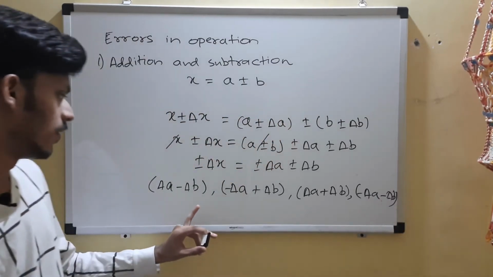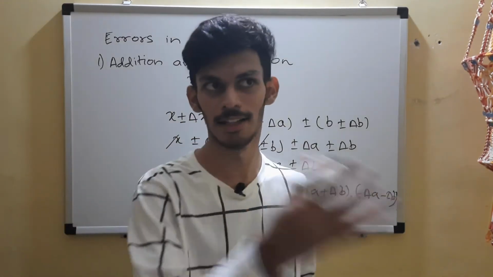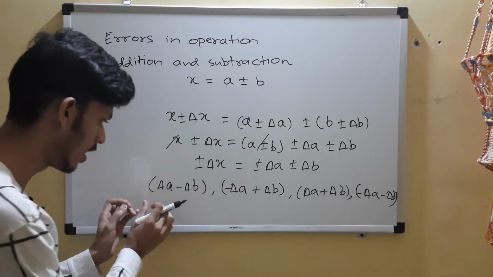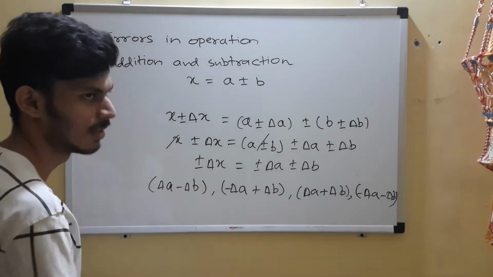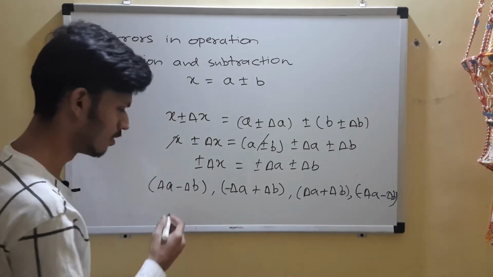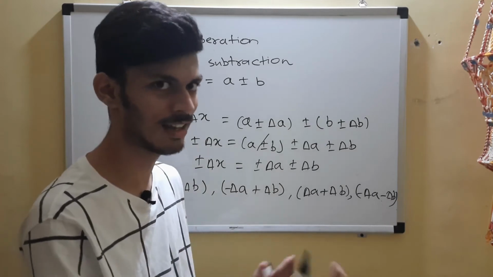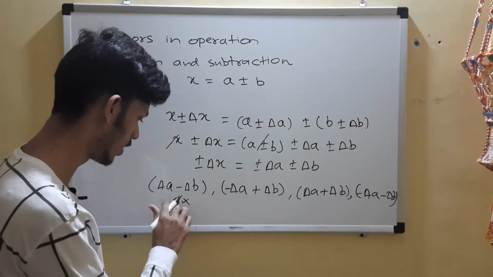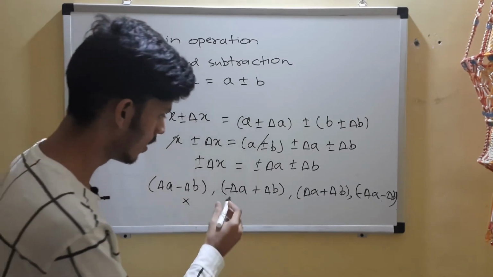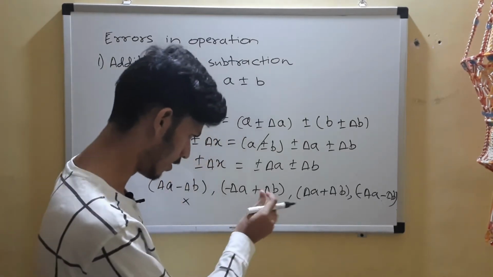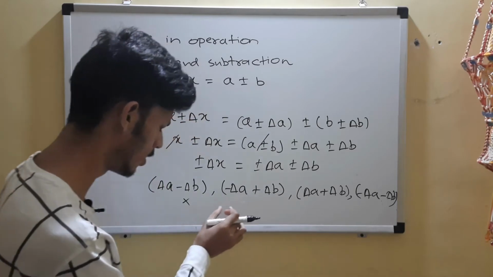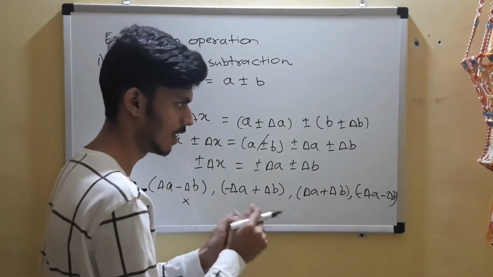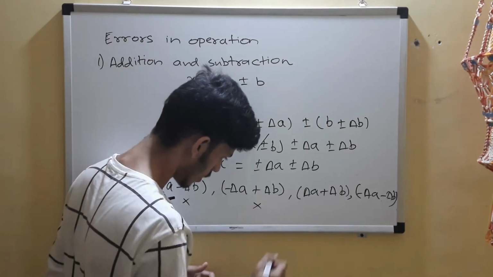But look out, which one do you think has contributed to the maximum error? Look at this: some error in A and minus some error in B. The error is getting cancelled somewhat. So this one is not the correct one. And here also, minus A and plus B, so there is some cancellation.